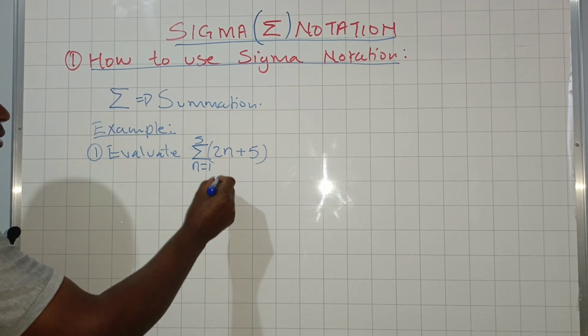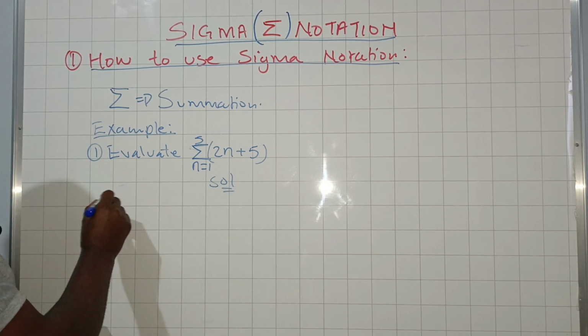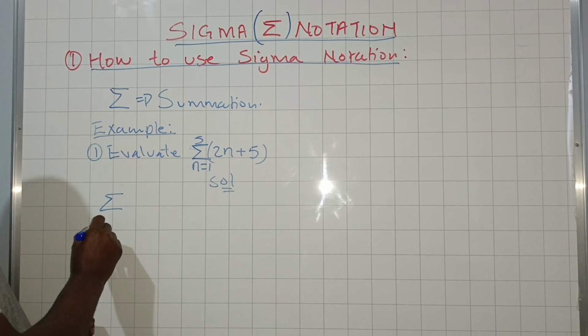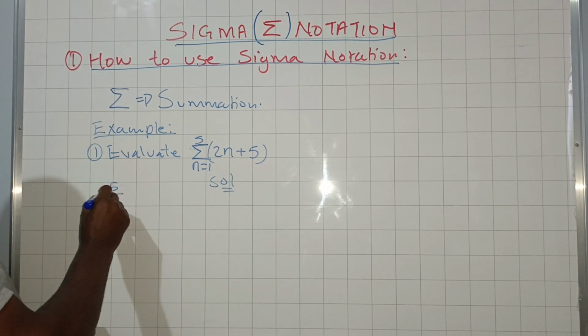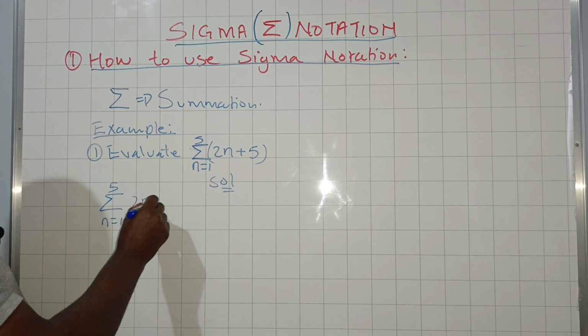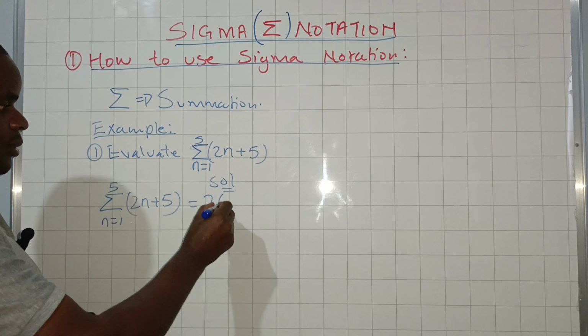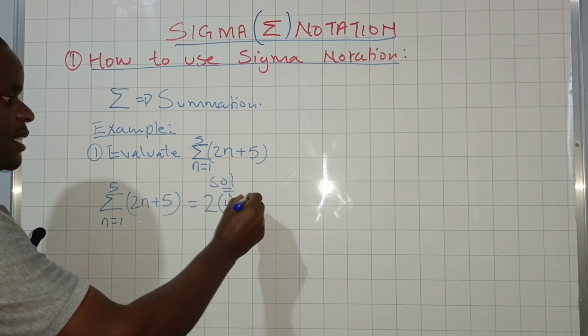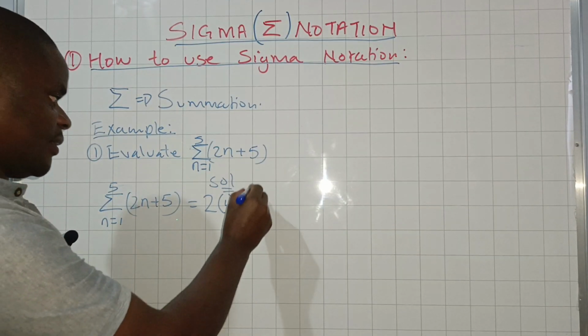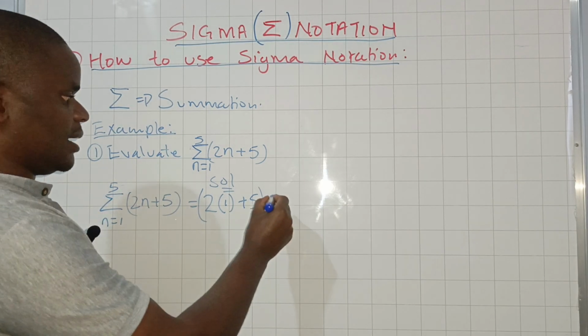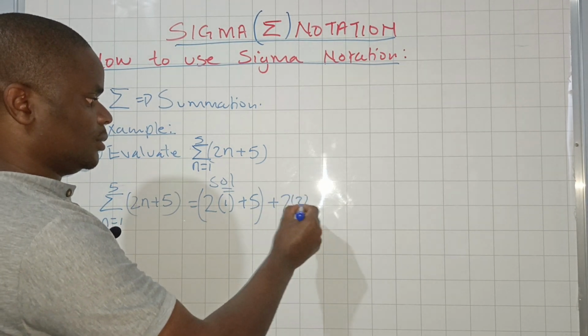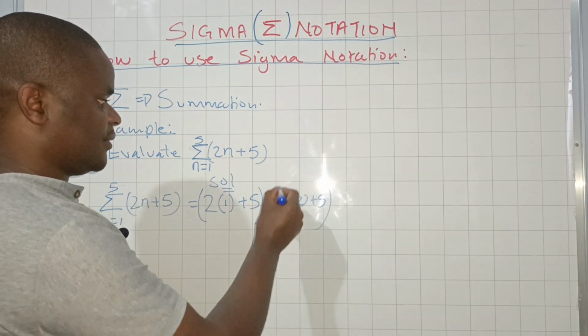So the solution of this is going to be the summation from n equals 1 to 5 of 2n plus 5 is going to be 2 into 1 plus 5. That whole thing you add 2 into 2 plus 5.